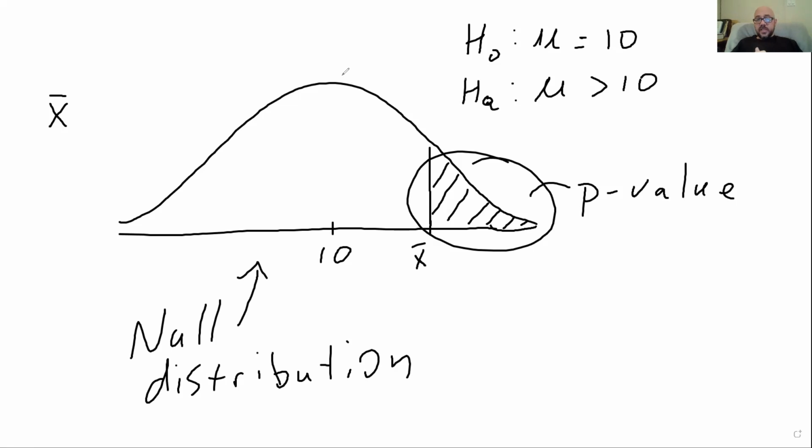Right? This, by the way, is why the equal sign always goes in the null hypothesis, because we need our parameter to equal something if we are going to have a null distribution. If we don't have an equal sign in here, like if we just had mu less than 10, well, that doesn't tell us what we should use for mu. And we need something to use for mu.